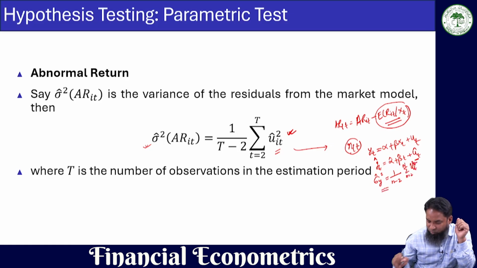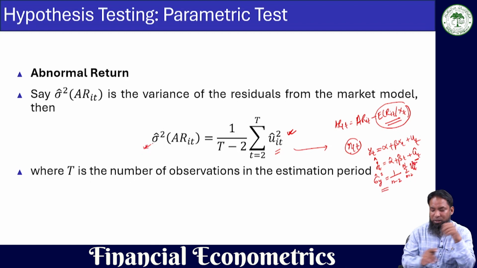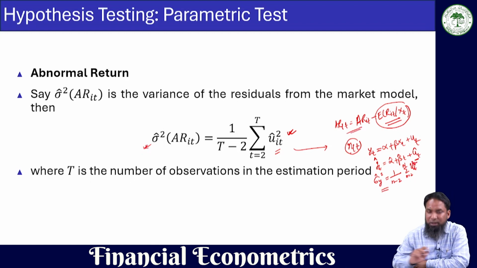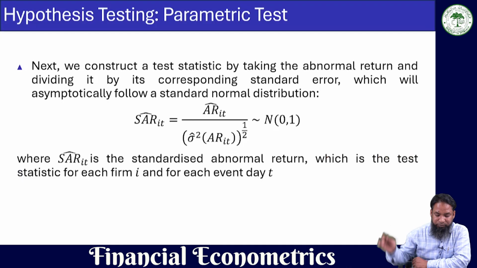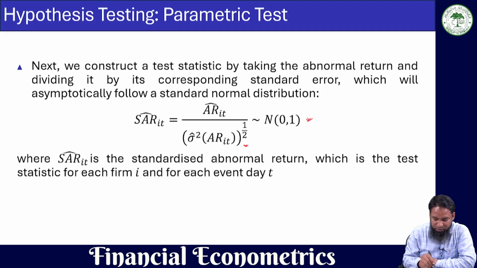The same formula we are using here, because the structure is also a linear regression model. So, once we estimate the variance, we will obviously be able to calculate the standard deviation of this. Then, using the standard deviation, we can formulate the test statistic, where this AR_it hat is known as the standardized abnormal return.